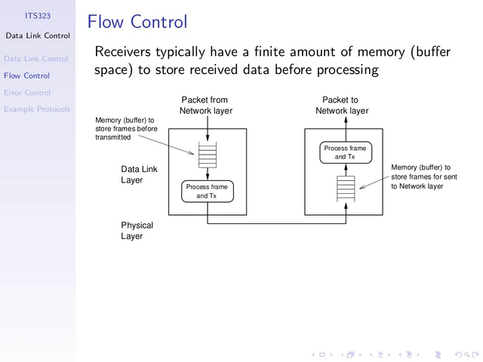So each frame has some size, let's say X bits in length. That is, we receive X bits of data from the network layer, it's put inside memory, processed and sent.